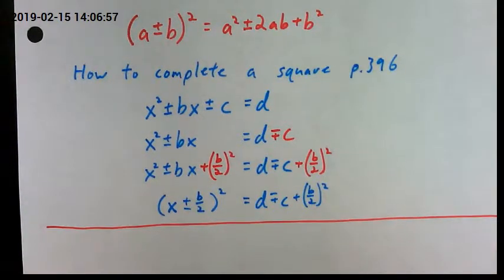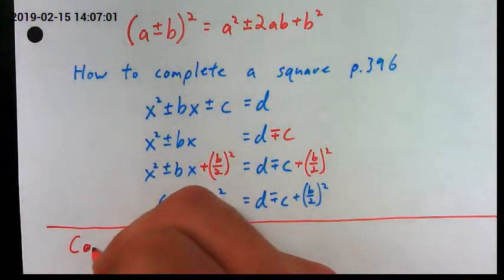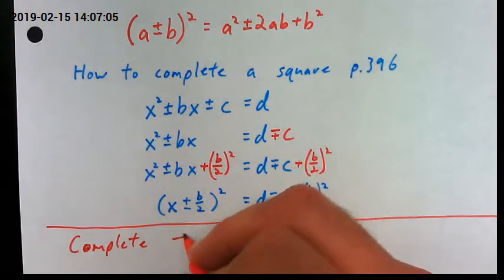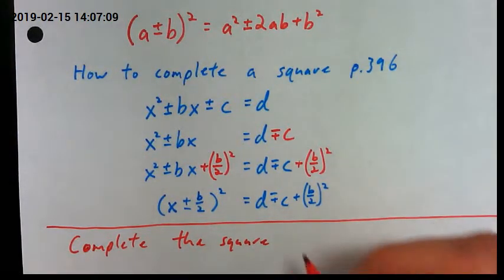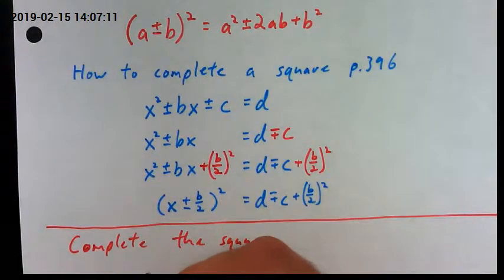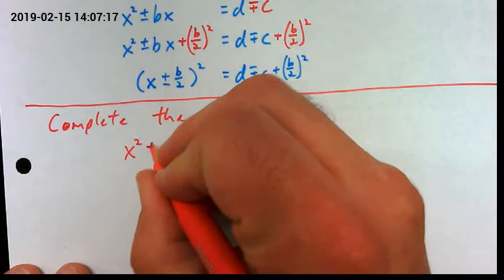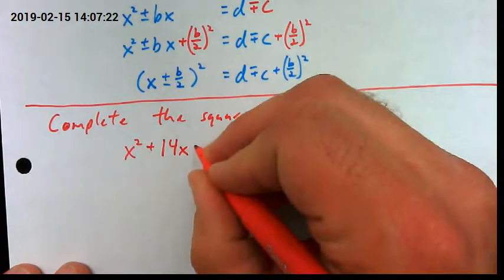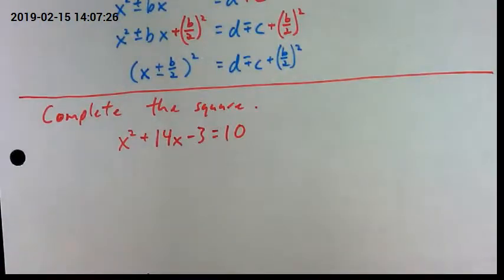Yeah, so we're going to do numbers now. We're going to complete the square. This is just an example, and it would be at the Algebra 1 level. So we have x squared plus 14x minus 3 equals 10.